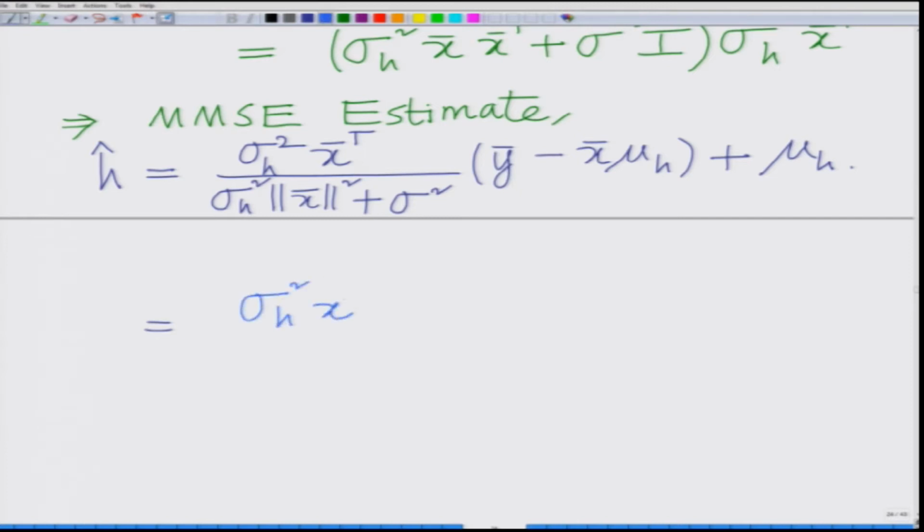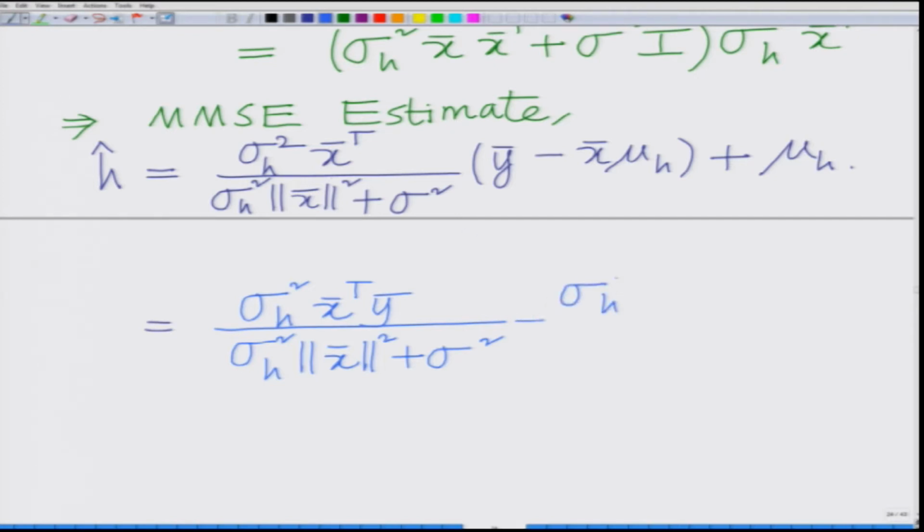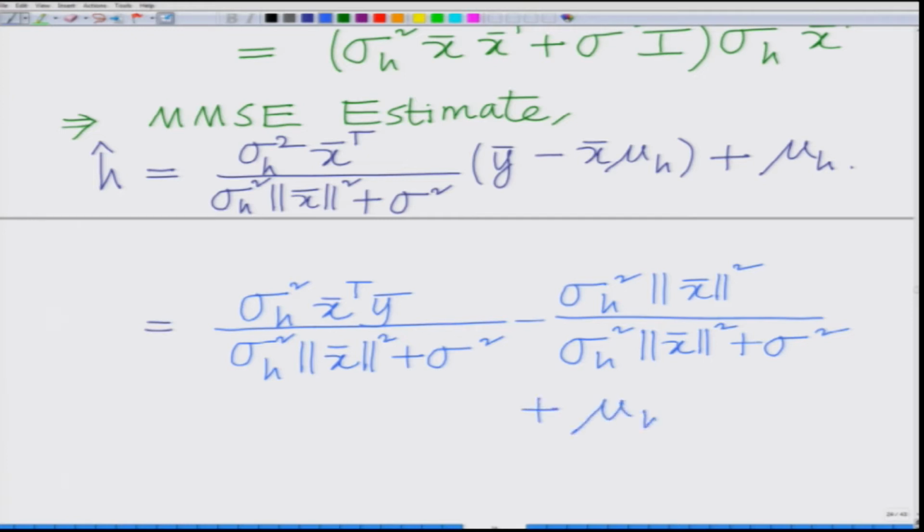I can write this as sigma h square x bar transpose y bar divided by sigma h square norm x bar square plus sigma square, minus sigma h square x bar transpose x bar, that is basically your norm x bar square, divided by sigma h square norm x bar square plus sigma square, plus mu h.